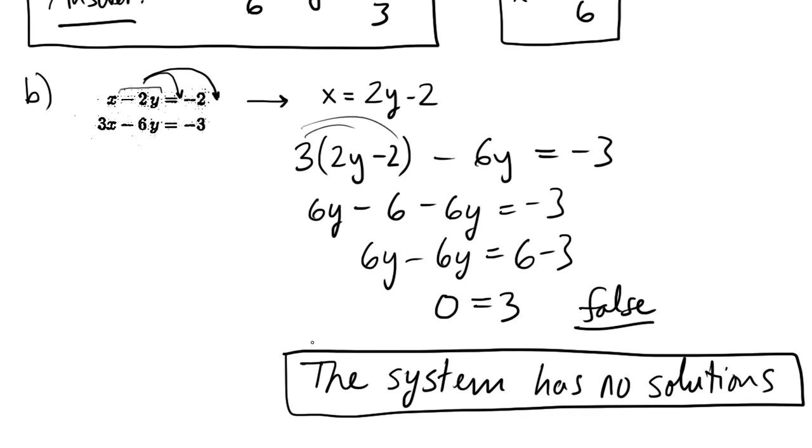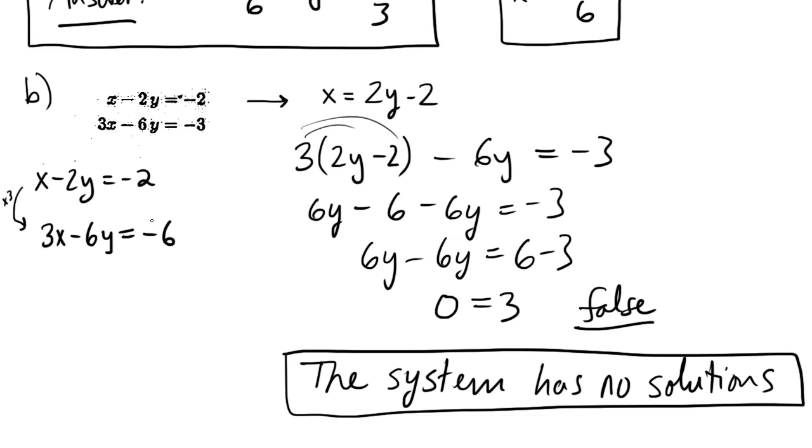If you think about it a bit back here, it's kind of clear that that's the case because let's say we have some numbers x and y which make the first equation true, okay? If I multiply everything by 3, I would get 3x minus 6y equals negative 6, right?